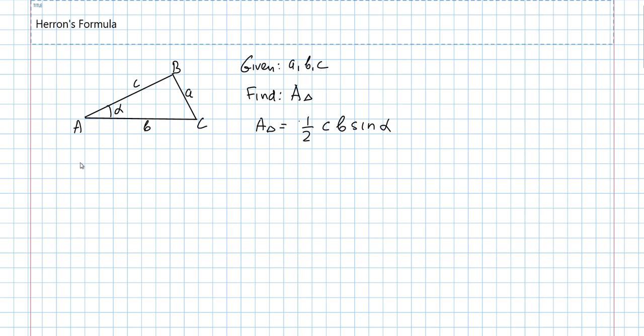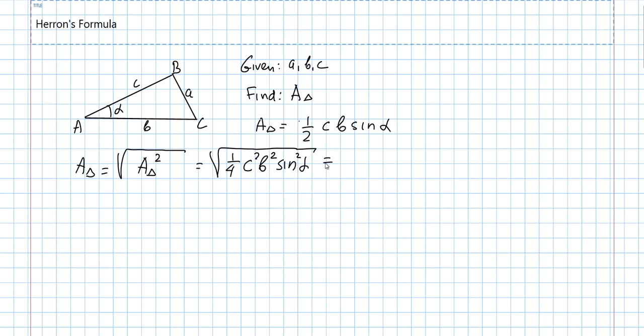I will say the area of the triangle equals the square root of the area squared. So this gives me the square root of 1/4 c square b square sine square alpha.